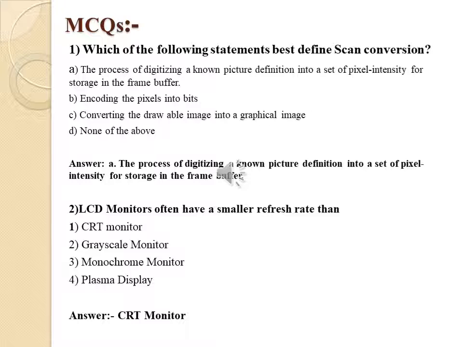Question second. LCD monitors often have a smaller refresh rate than what? Regarding LCD monitors, LCD display, CRT monitor, I have discussed in the previous slide. So think about that and give the right answer.